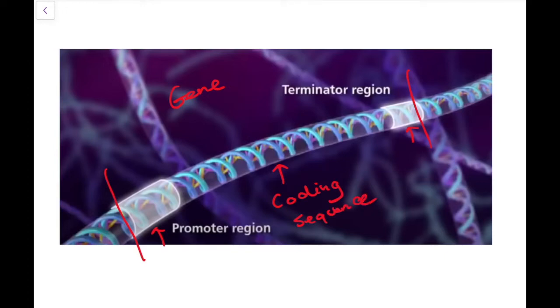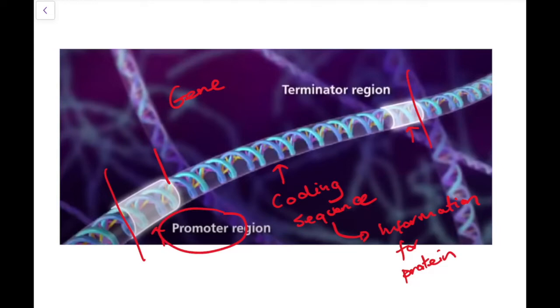And so the coding sequence, that's the information for protein, or those other things that we talked about, like tRNA or the RNA that helps to make up ribosomes.